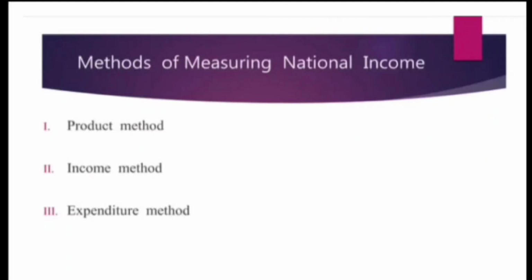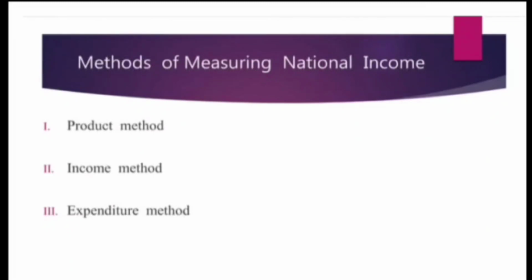The first one is the product method. Goods and services are counted in gross domestic product at their market value. The product approach defines a nation's gross product as the market value of goods and services currently produced within a nation during a one year period of time.